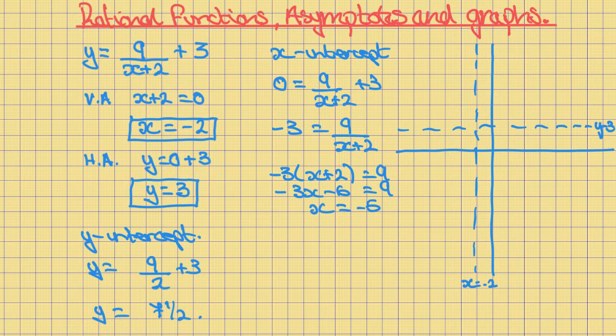We want our y-intercept at 7.5 and our x-intercept at minus 5. We know that it is a curve that goes up to the asymptotes. So we have a graph that looks like that. So that is the graph of y equals 9 over x plus 2, plus 3.